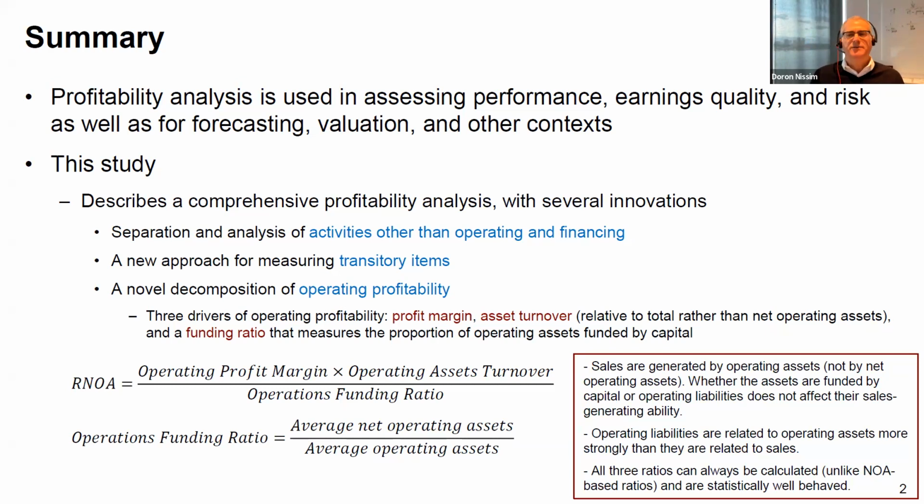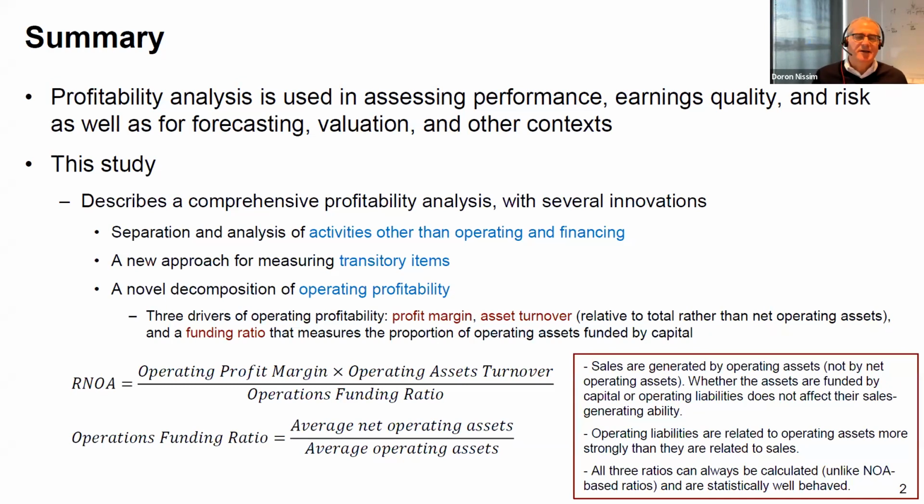Asset turnover, the way we typically measure it, because we are decomposing return on invested capital or return on net operating assets, we typically measure asset turnover relative to net operating assets. But net operating asset is a problematic denominator because it can be negative, or even when it's positive, it can be close to zero. So it can make asset turnover quite volatile and not necessarily very informative.